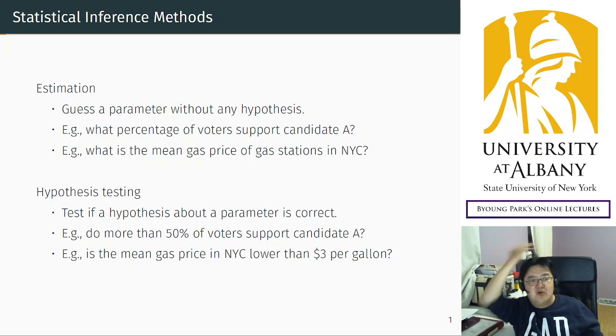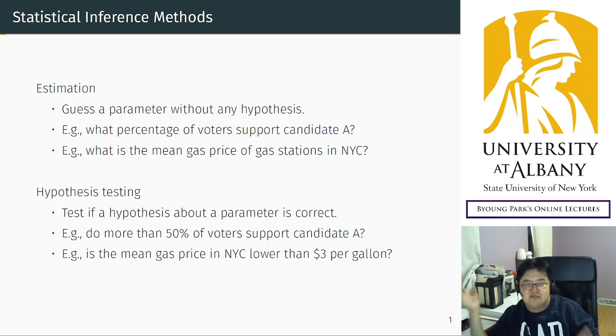Say, for example, what is the percentage of voters supporting this candidate? Then you have to say like 40%, 50%, 60%, some number. Or what is the mean gas price in New York City? It's also an open question. You have to choose a number to answer, or you may use an interval to answer that question.